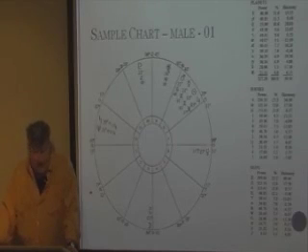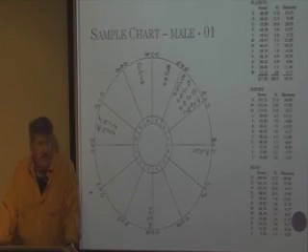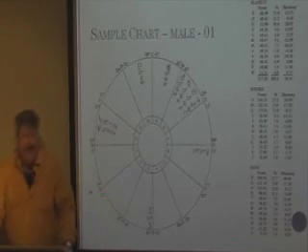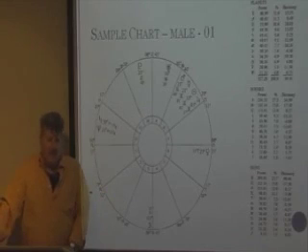One of the most fascinating charts is the chart of Padre Pio, recently made a saint in the Catholic Church, who had an 8th house like this. And when you read his autobiography or the biographies written about him, the other monks that lived in the monastery with him were getting so tired because at night, not what you're thinking, he was wrestling with demons.